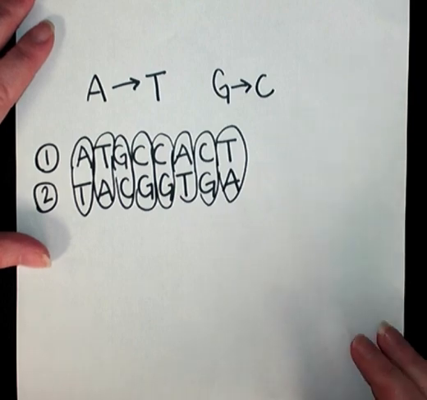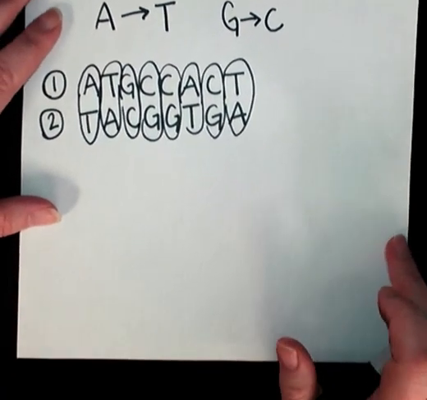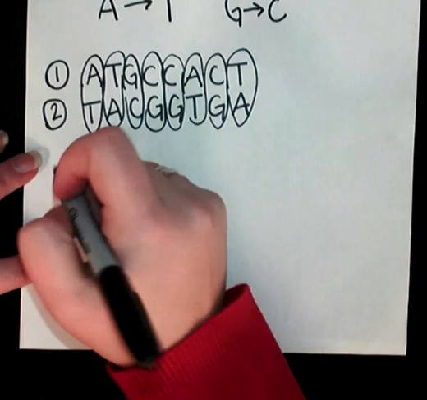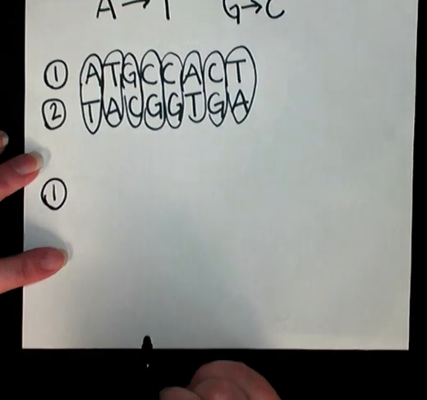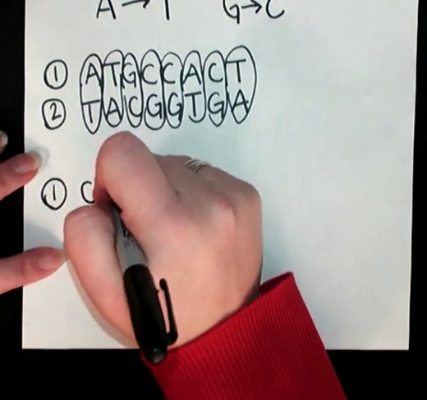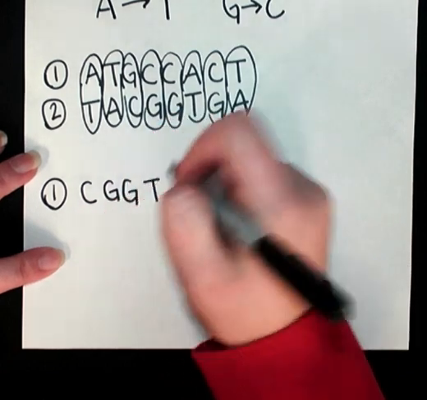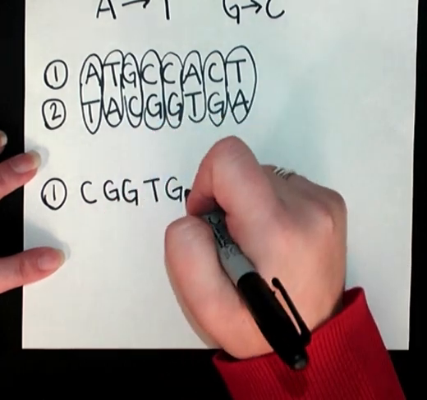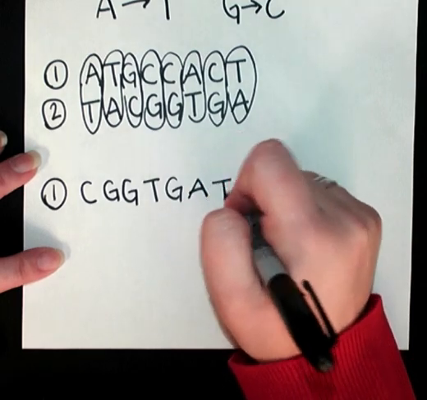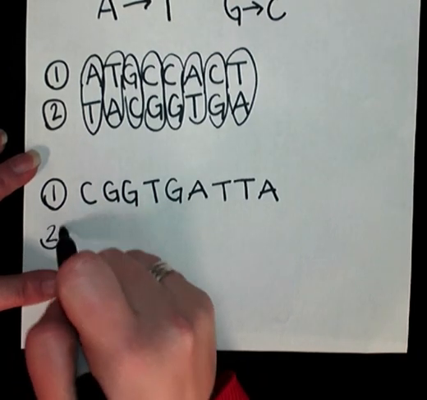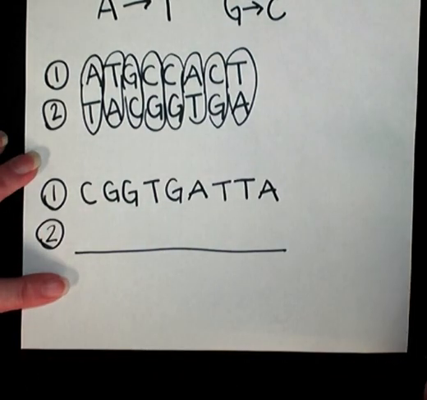What I want you guys to do is figure out the code that I give you for the last question on the Google form. The code that I give you, so our strand number 1, is C, G, G, T, G, A, T, T, A. I suggest that you take a piece of paper and do the same process that I did up here to figure out what this second line of code is going to be.